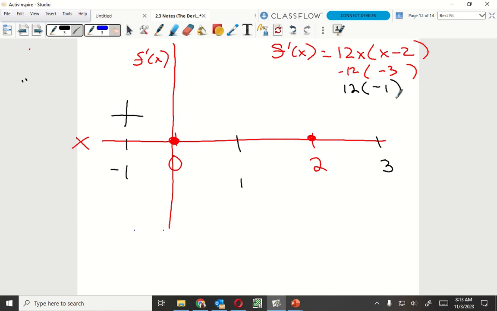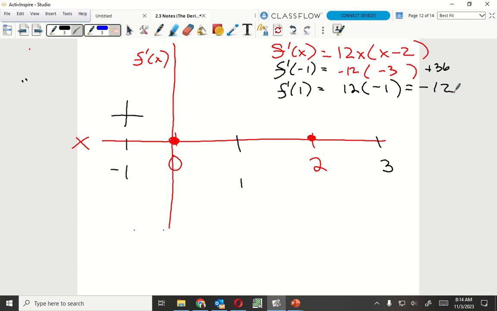This one right here is f prime of positive 1. This one was f prime of negative 1. And this one right here is going to be a negative 12.